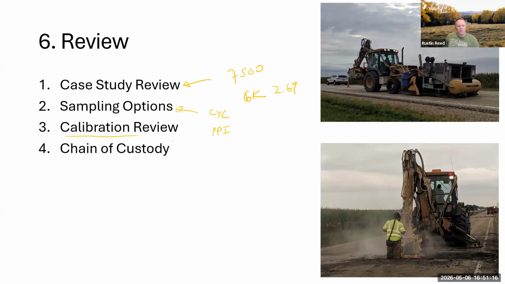We did a quick review of calibration. We'll dive into that more deeply next time. We did a quick review of why chain of custody is important. I wish we had time to dive into some more things here, like particle size distributions, but there's just not time. So anyway, I want to use the last 10 minutes or so to answer questions.